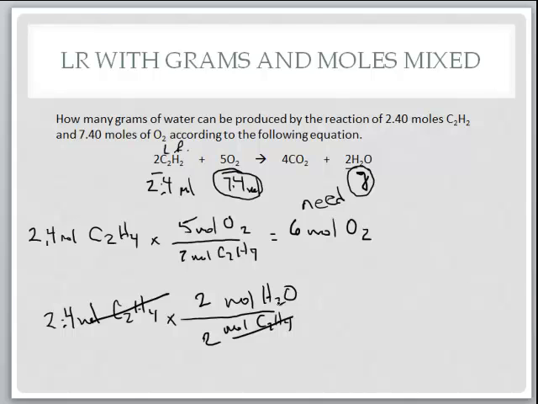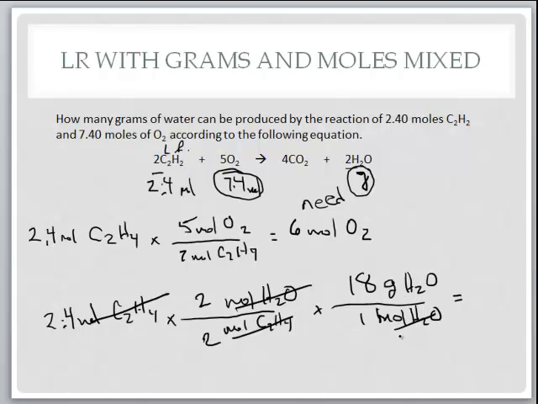Now I have moles of water, and I want to convert that to grams. So remember, when you convert from moles to grams, we use the molar mass. So we'll put moles in the denominator, grams in the numerator. 1 mole, molar mass, 2 times 1 plus 16 is 18. Our moles of water cancel. We do the math. 2.4 times 2 divided by 2 times 18, and we get 43.2 grams of H2O.